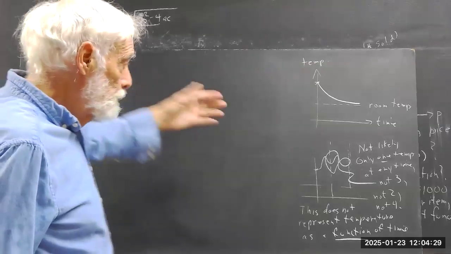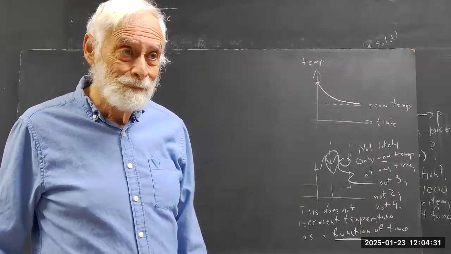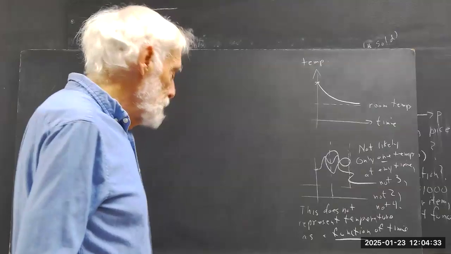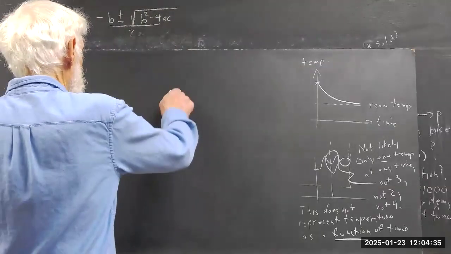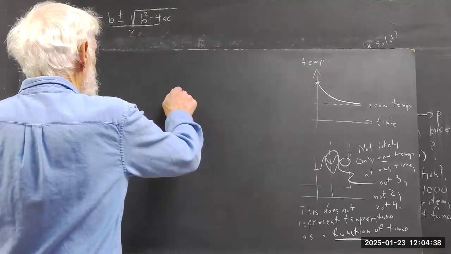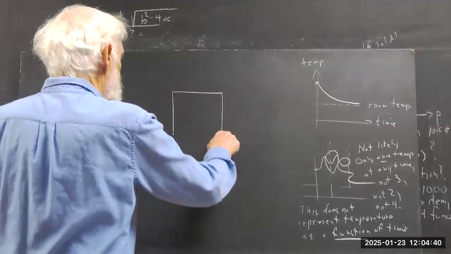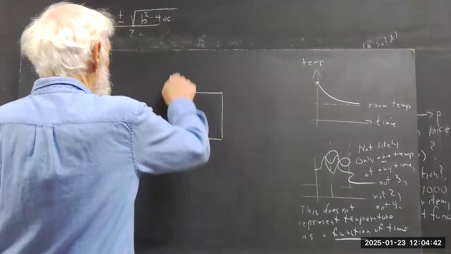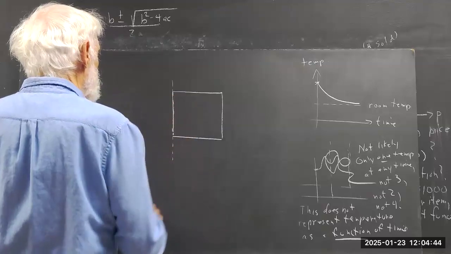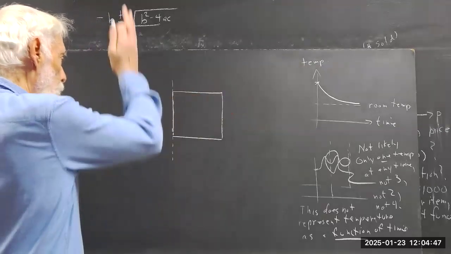Now, to apply these functions, you need some numbers. Okay. So right now, we're just going to talk about numbers. We'll let X go this way and we'll let Y go that way.